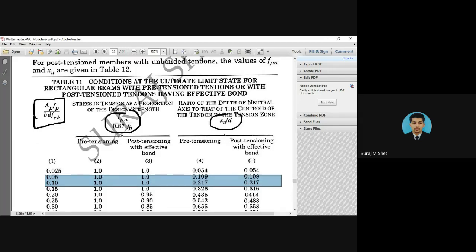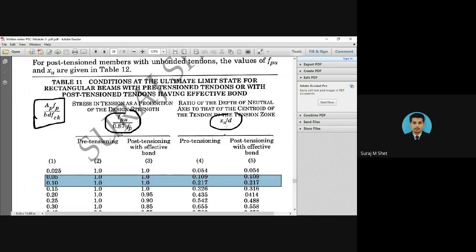So for pre-tensioning, there is no variation here up to 0.3. There is no value change here. Only 1 is there for pre-tensioning, so no need for interpolation. You have to take fpu divided by 0.87 fp. This unknown value is taken as 1 here. And xu by d, the value is varying here.